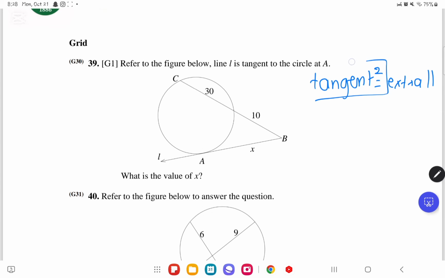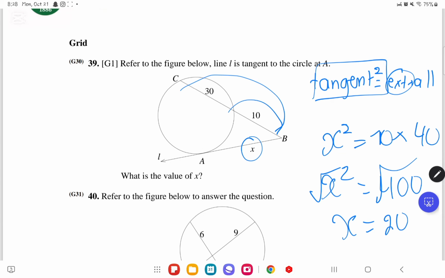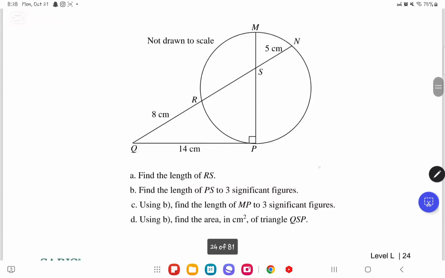So our tangent is x. So x squared is equal to the exterior, which is 10, multiplied by all, which is 10 plus 30, which is 40. So x squared is equal to 400. And we should know that if you do radical on both sides, x will be equal to 20. So that was it for grid number 39.